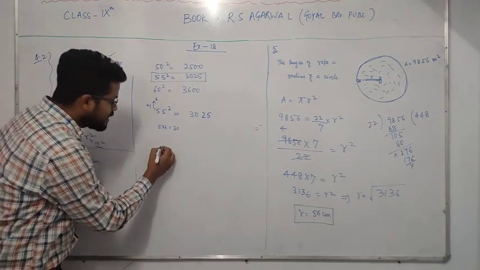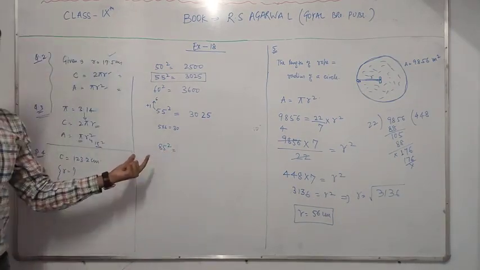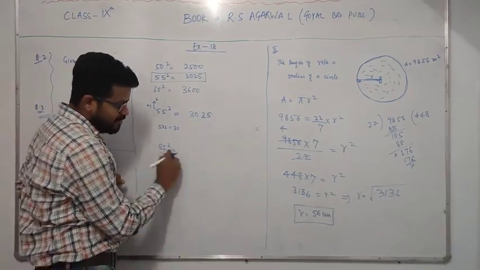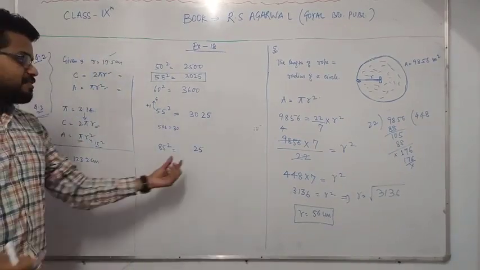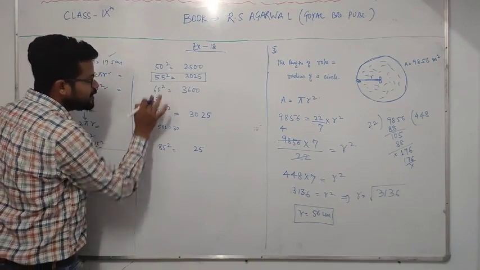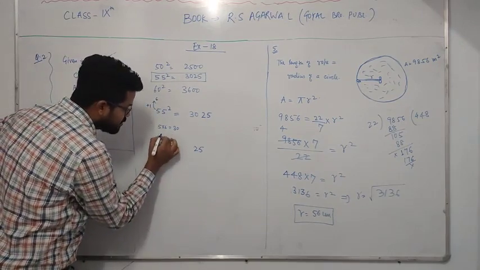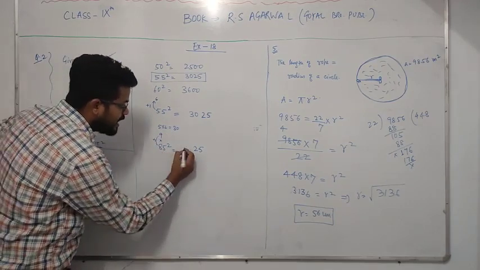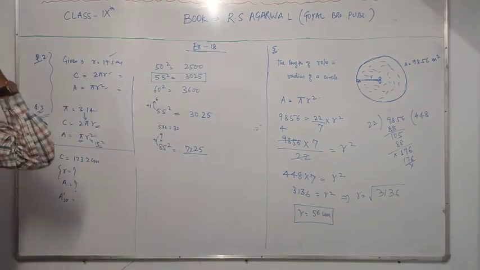Similarly, you can get the value for 85. How much is 85 square? Simply take the square of 5, which is 25. And here you increase the value by 1. So 8 plus 1 is 9, and multiply: 8 into 9 is 72. So 85 square is 7225.